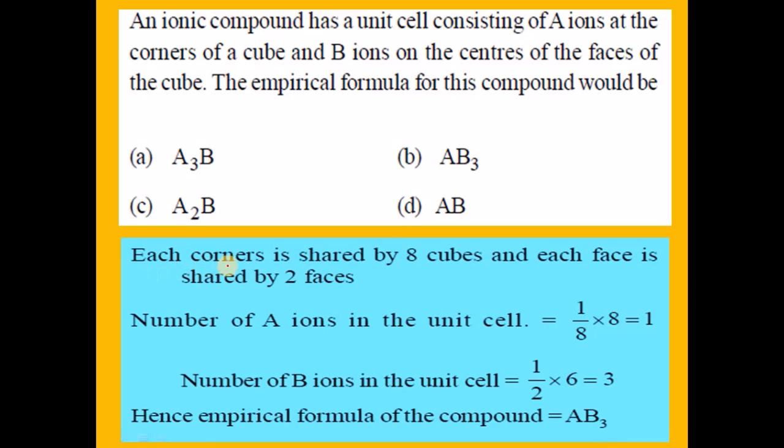Each corner is shared by 8 cubes and each face is shared by 2 cubes. So the number of A ions in the unit cell is 1 by 8 into 8, that is 1. The number of B ions in the unit cell is 1 by 2 into 6, that is 3. So A is 1, B is 3, so AB3. So option B is the right option.